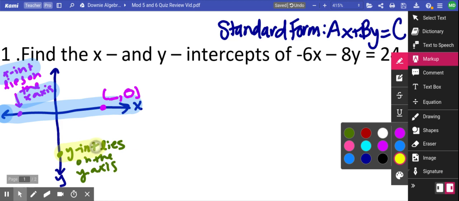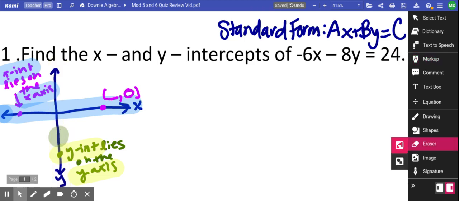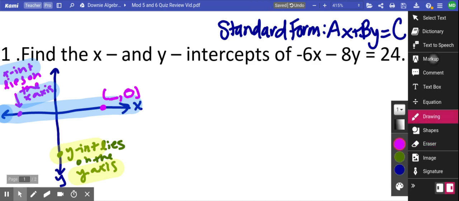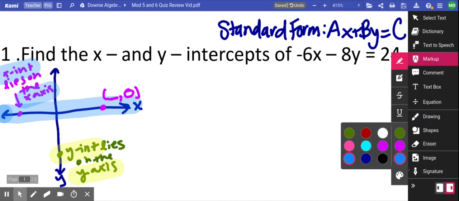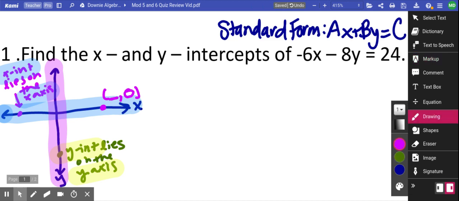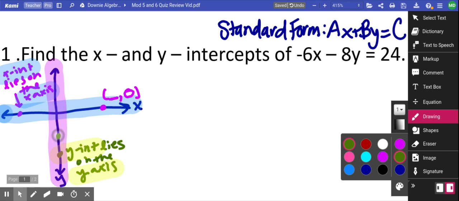Similarly, my y-intercept lies along my y-axis. That's along my vertical line here. And any point on this vertical line, I don't go left or right, so x must be 0.